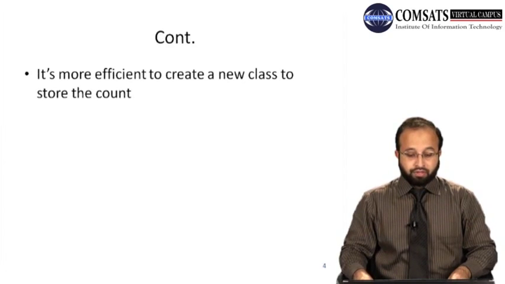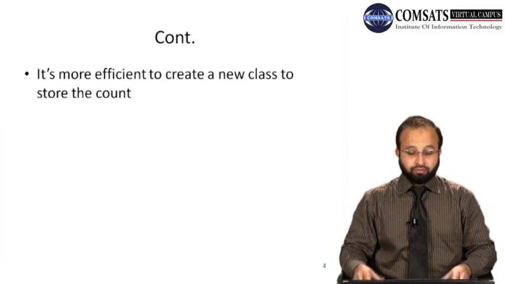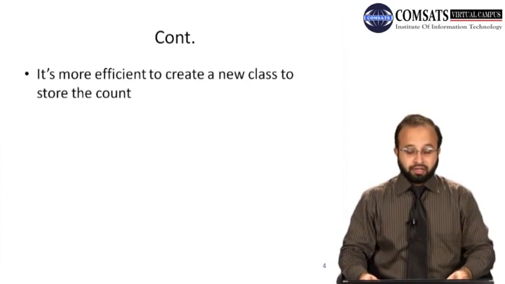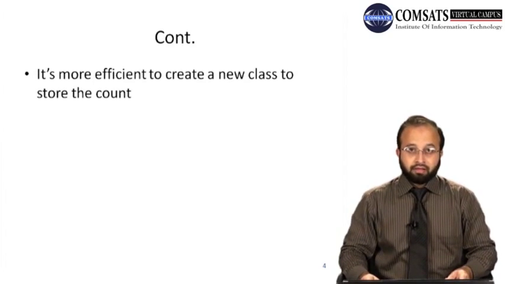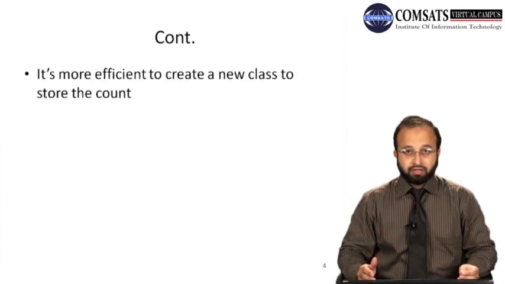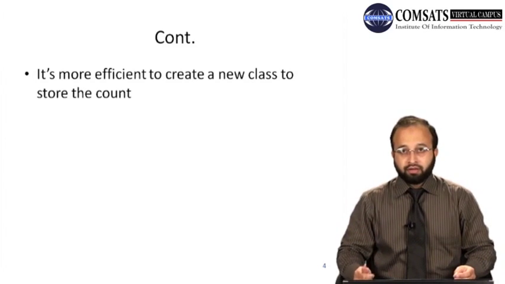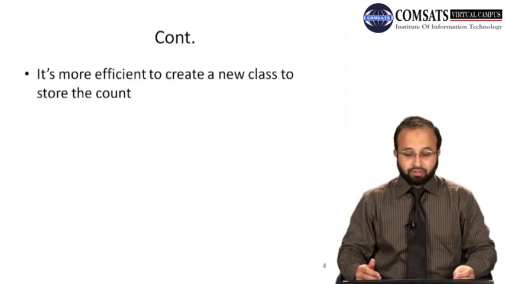So it's more efficient. We have seen in the last lecture that we have a string class, and that string class contains a pointer. That pointer points to an array of character, right?